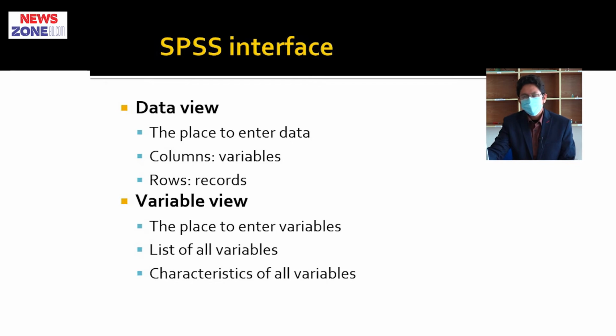If we have 30 columns, so we have 30 variables, and rows indicates records or individual data or individual person's data. On the other hand, in the variable view, it is the place to enter variables and enlist the variables and select the characteristics of variables that I have discussed. Then it is the list of all variables and characteristics of all variables we have to set up. So this is variable view.